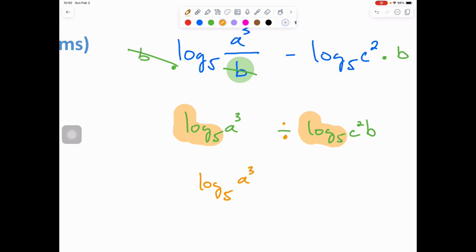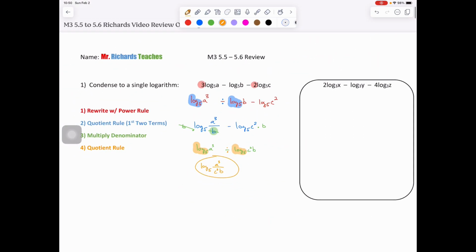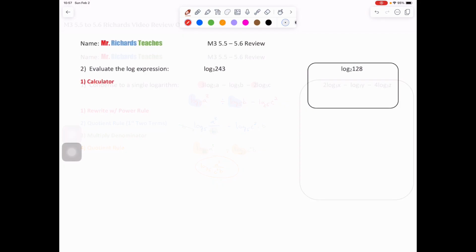It just didn't look too great for spacing. And it still doesn't look that great for spacing, so I'll shift it over a little hair and boom, we will set up what's left, c squared b. Go ahead and circle your answer. So again, if you'd like to pause the video and practice that one, feel free. Here you go. Moving forward to number 2.